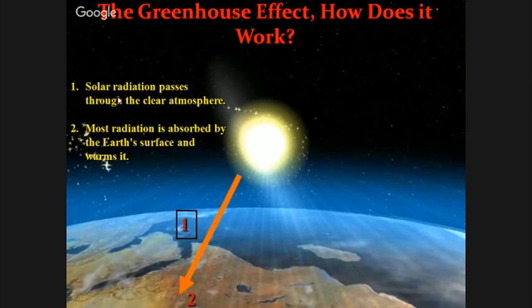You have the solar radiation which passes through the clear atmosphere. Most of the radiation is absorbed by the earth's surface and warms it. Recently I have been reading an article, and what I found is that prevention is the one thing we need to take, but at the same time we may have to go for some technologies which absorb these greenhouse gases.